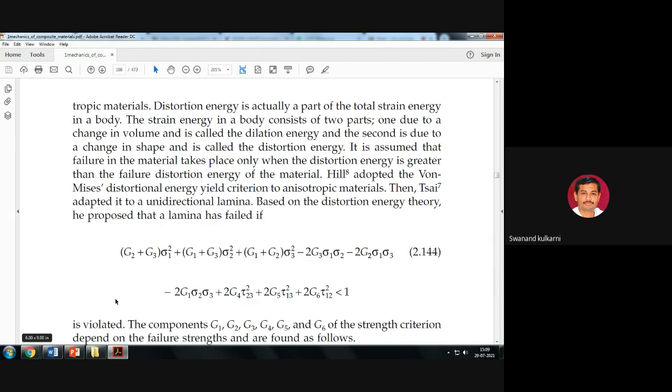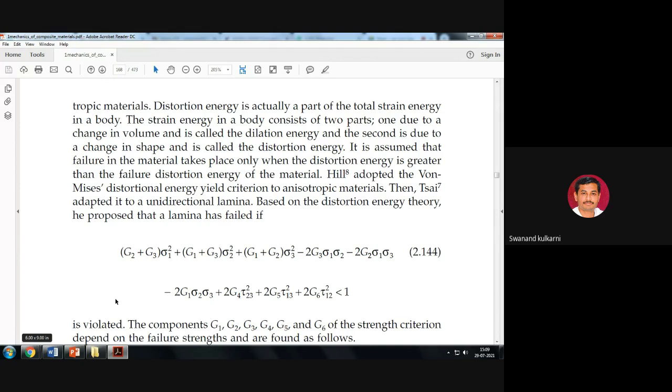That's why the Psi-Hill criteria, which started with the concept of von Mises stress and this distortion energy theory, which was applied earlier for isotropic material, was later changed by Psi and Hill, who together formed this theory, which is considered to be the Psi-Hill theory. The concept is fundamentally the same, the base is the same.